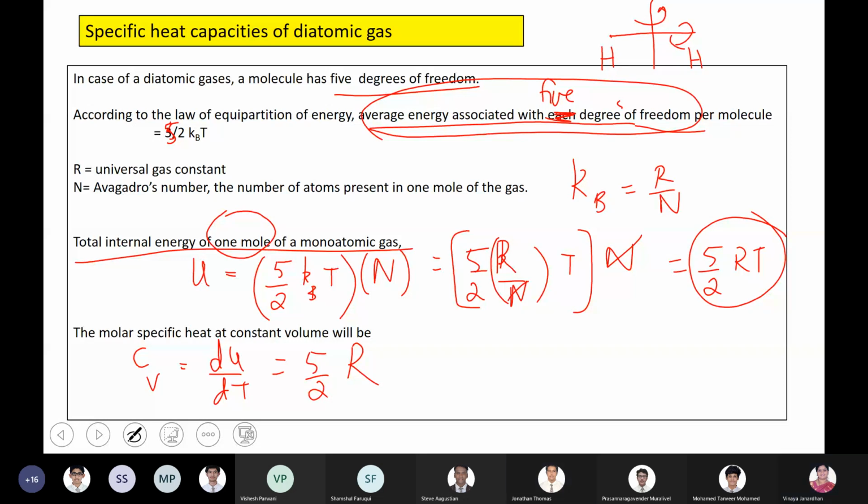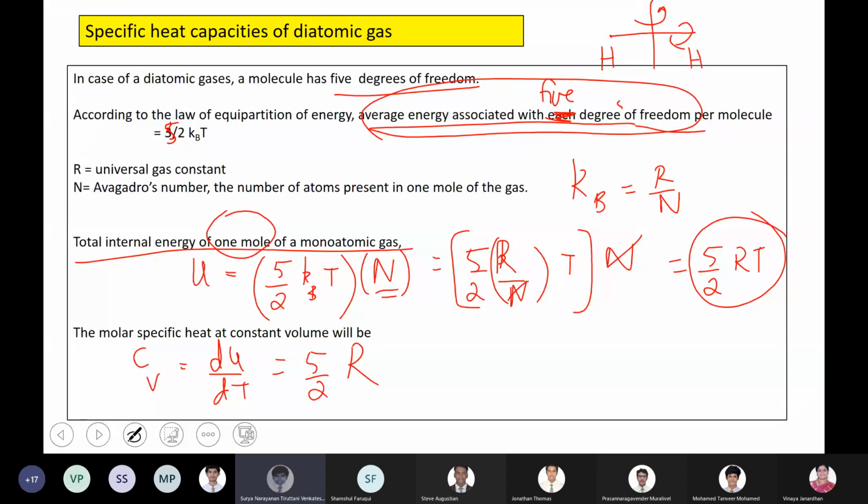Okay, ma'am. So 5 by 2 kBT is for one molecule of the gas. Then what will be the energy associated with 1 mole of the gas? 1 mole will contain Avogadro number of atoms. So you have to multiply by N. And this is for diatomic, right?